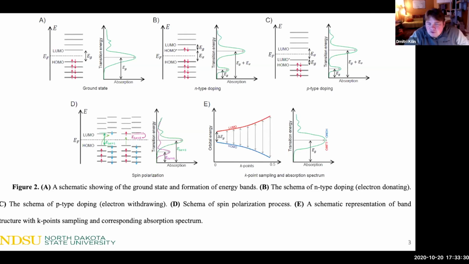Next question from Aaron. Figure 2E, the relation between K point bands and absorption spectra seems odd. Seems what? Sorry. Seems odd. So, Aaron, would you like to specify your criticism?